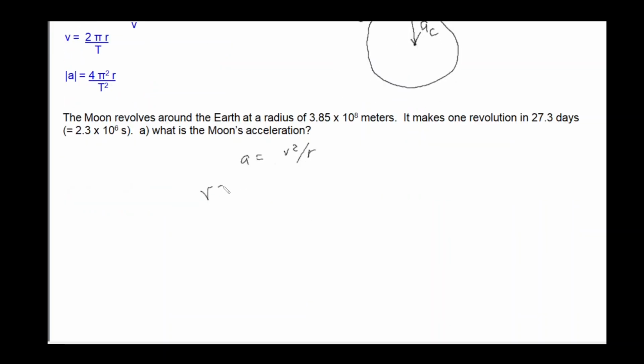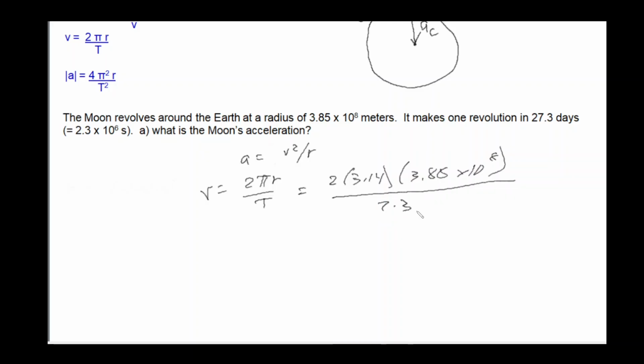So v is equal to 2 pi r over T, which would be 2 times 3.14 times the radius, which is 3.85 times 10 to the 8th meters, over T, which is 2.3 times 10 to the 6th seconds.